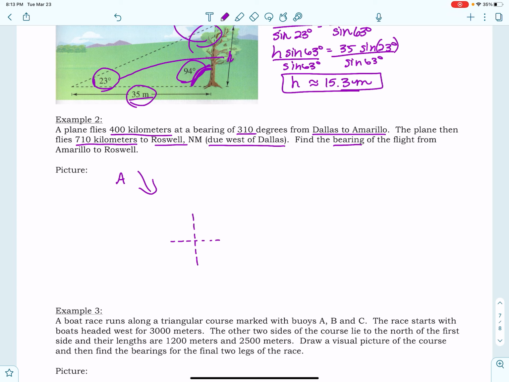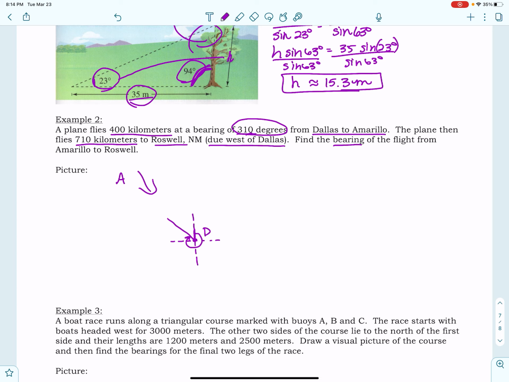So this is a true bearing right here. It's not a directional bearing. We are starting at north right here, and we are moving clockwise 310 degrees, which would be roughly right there. So I am going to draw that out. There's my 310. I'm going to let this right here be D for Dallas.